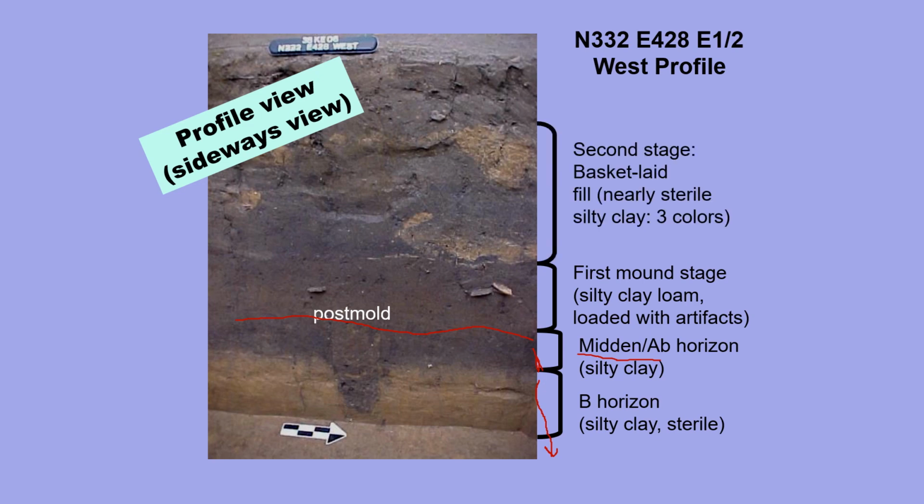They then went off-site to a place where there were no artifacts, to sterile dirt. This would have been over toward the river to find dirt of this type, textures and colors, and collected dirt of 3 different colors, yellow, black, and gray, and built a much larger mound stage on top.